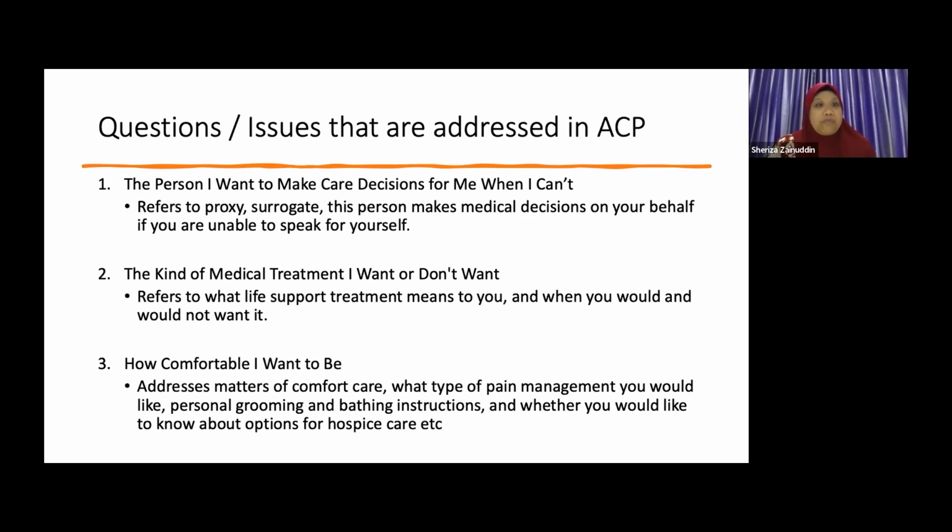Some of them have a phobia about using opiates or even stigma because they want to have some amount of consciousness so they can have continuity of conversation with their loved ones, or they prefer, even though they are bedbound, to be showered. So these are important things that we may have to address in ACP. Some would also ask where the care should be. Is it at home or in a nursing home or even hospice?